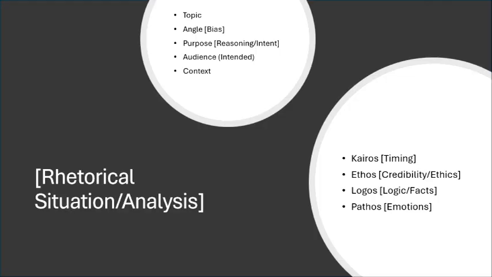Purpose is the reasoning or intent behind it. Every argument has a purpose. Whether that purpose is simply to inform, or to manipulate, or to persuade, whatever that might be, every argument has a purpose.